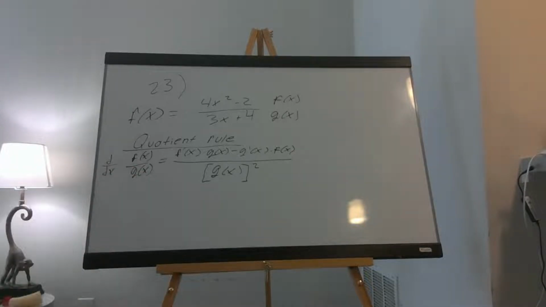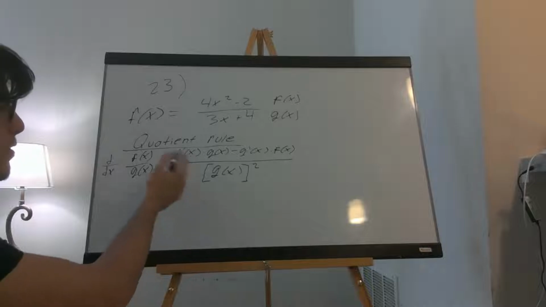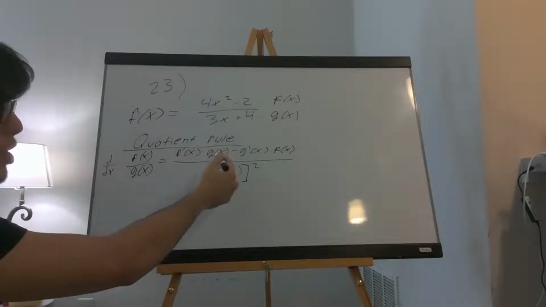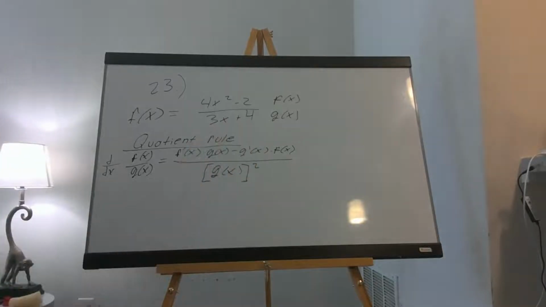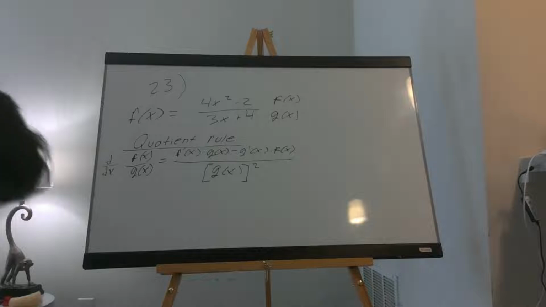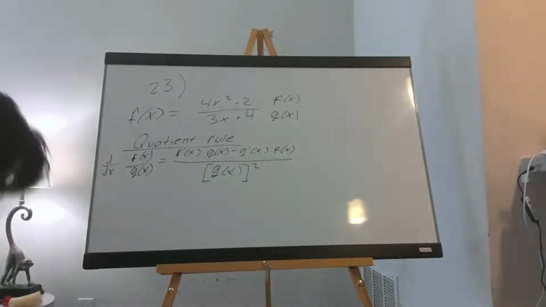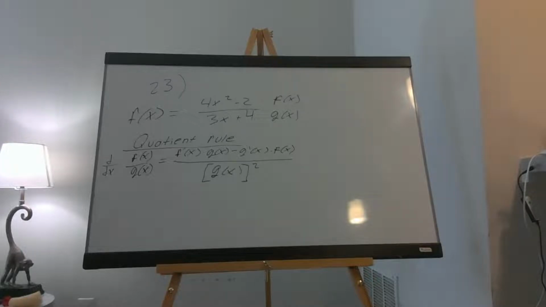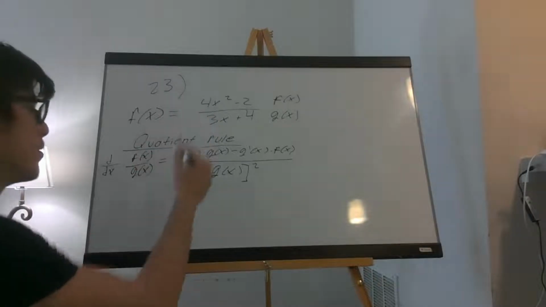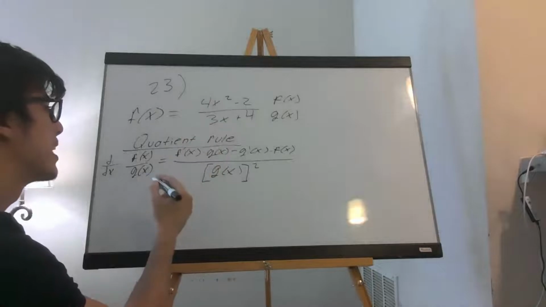It's basically just derivative of top times the bottom minus derivative of bottom times the top, over bottom squared. If you need a mnemonic device, you can Google it, and I promise you there's going to be at least 100 of them. But let's get back to the calculus.